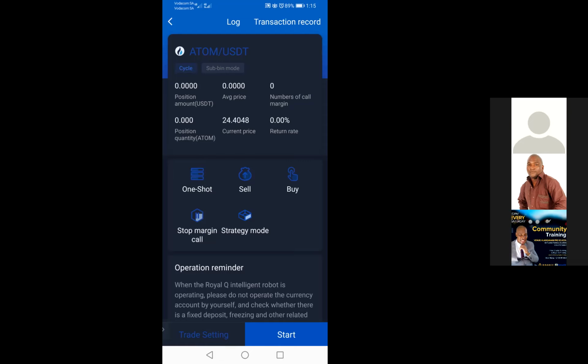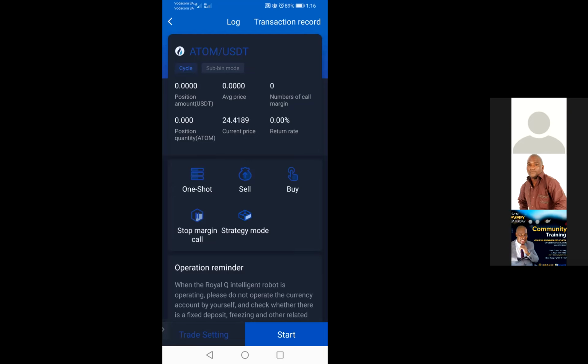That is where the sub-bin mode strategy takes place. If we put it on whole warehouse, there will be no sub-bin mode; from 5 upwards they will take the whole position altogether.